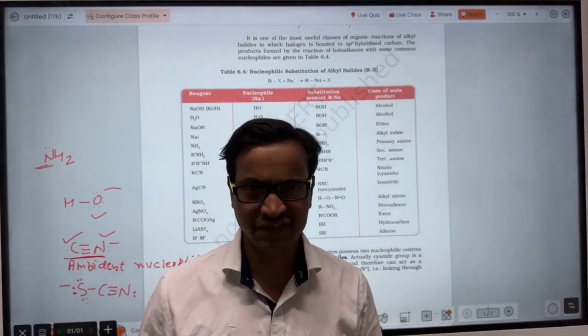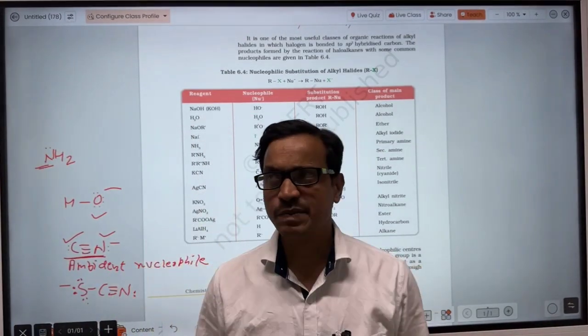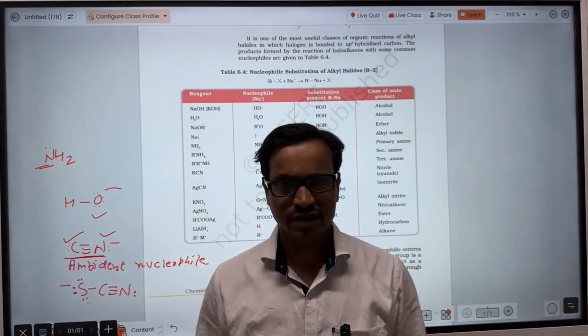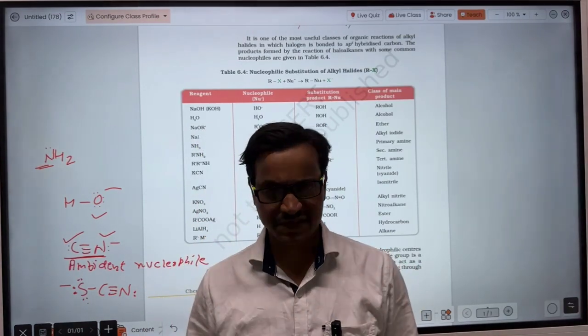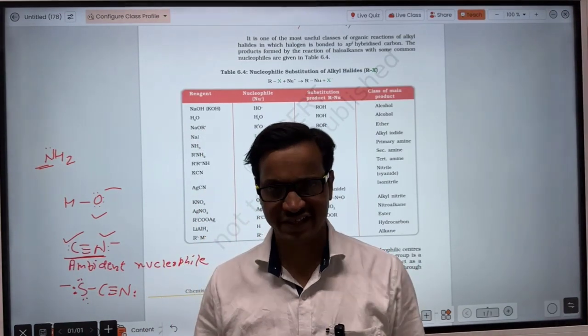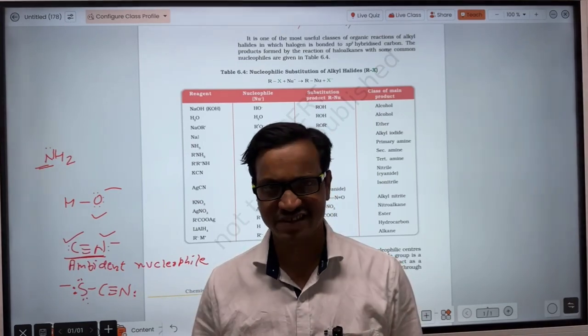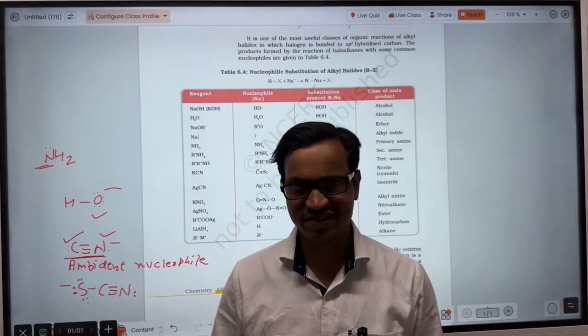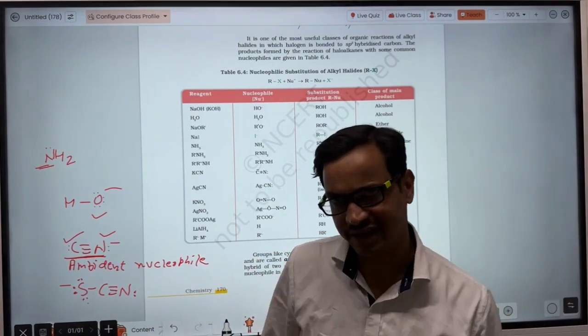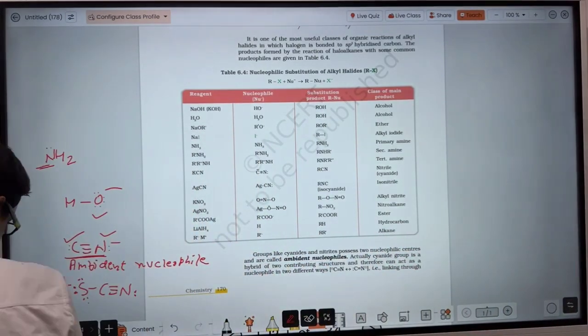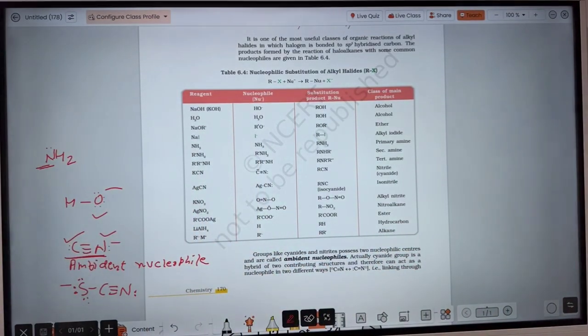If in an ion there is a positive charge, it means a deficiency of 1 electron, and if there is a negative charge, there is 1 extra electron. So in SCN minus, the sulfur can donate the electron, and nitrogen can also donate the electron. So this one is also an example of an ambident nucleophile.